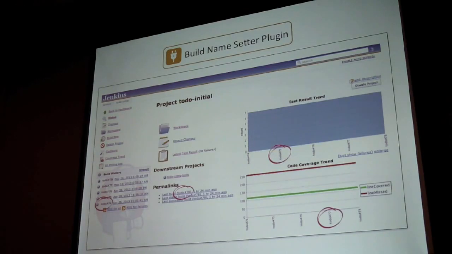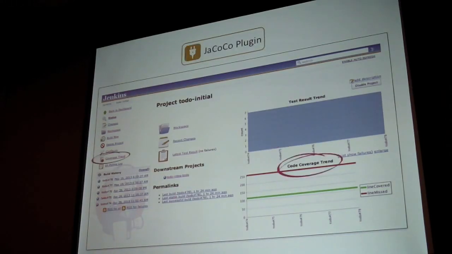To do that, you can use the so-called Build Name Setter plugin. You can give it any kind of string and put together dynamic values, and it will show up here in your dashboard as well, which is nice, particularly if you have multiple build pipelines, as you can clearly identify which one you're looking at.